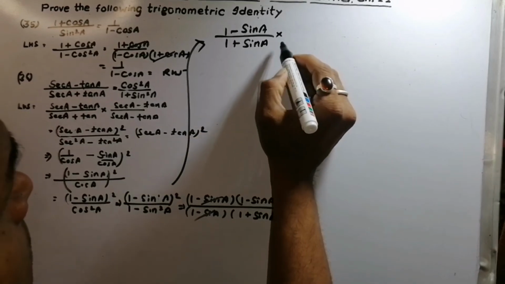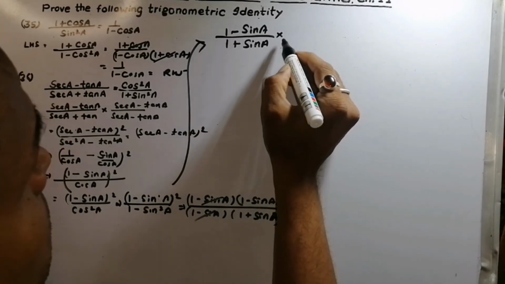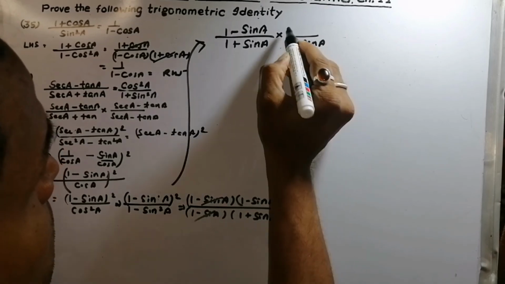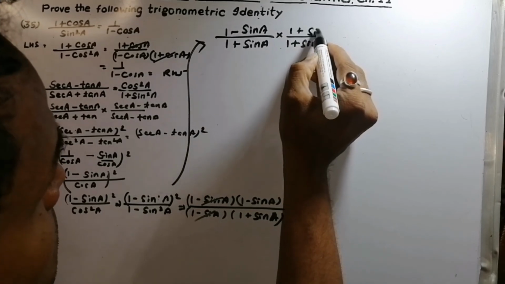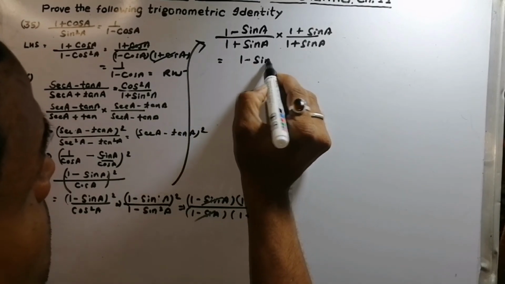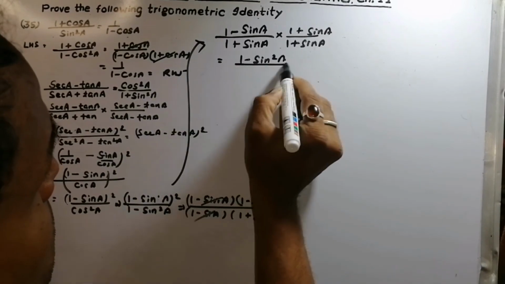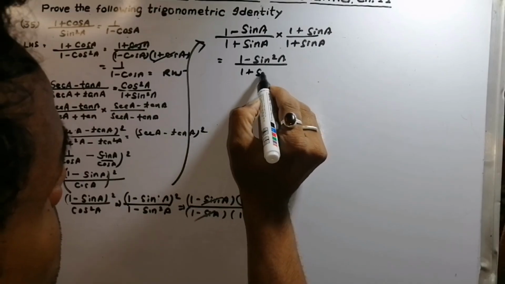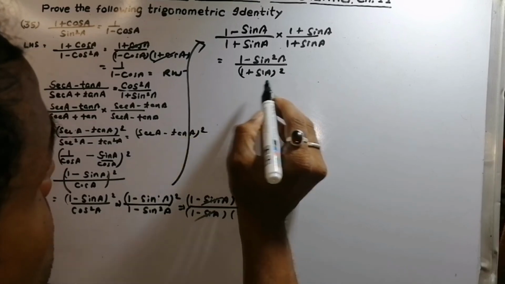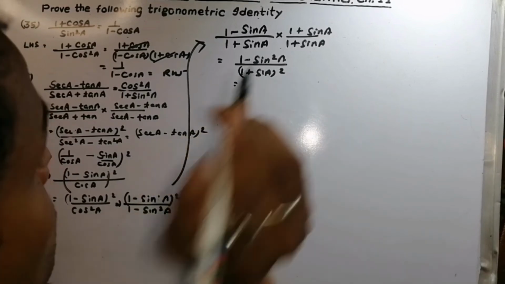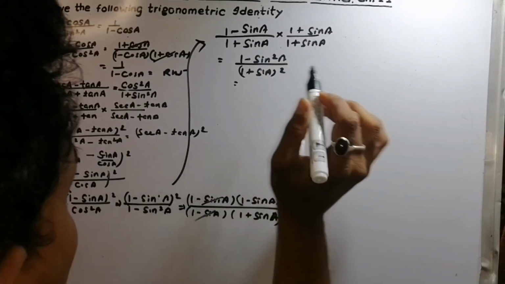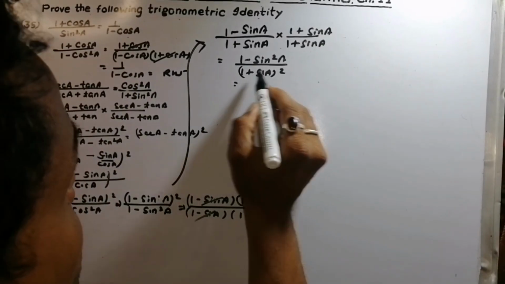If we further multiply by 1 plus sin a and 1 plus sin a, we get here 1 minus sin square a upon 1 plus sin a whole square.